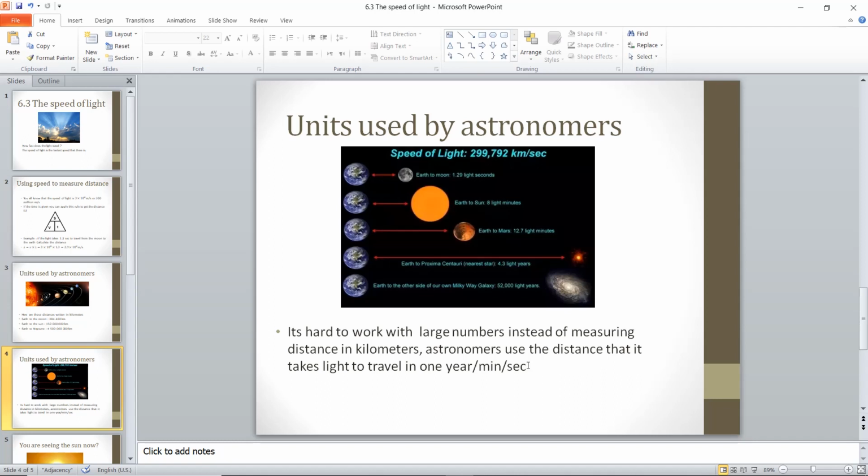Okay, for example, now if I'm measuring the distance between the sun and the earth, you all know that it's equal to 150 million kilometers, right? But it's also equal to 8 light minutes as a distance.